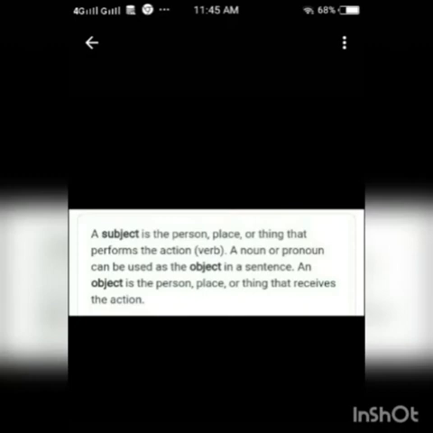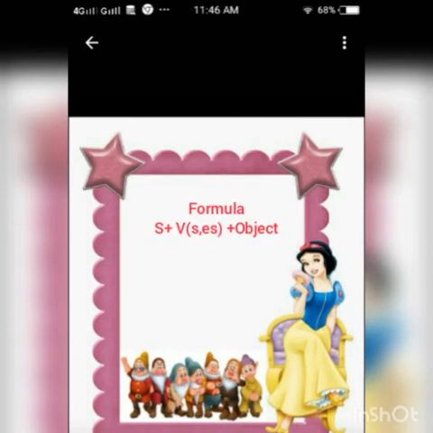An object is the person, place or thing that receives the action. So the formula of simple present positive sentences is subject plus verb first form, and we add S or ES with the verb, and then object.